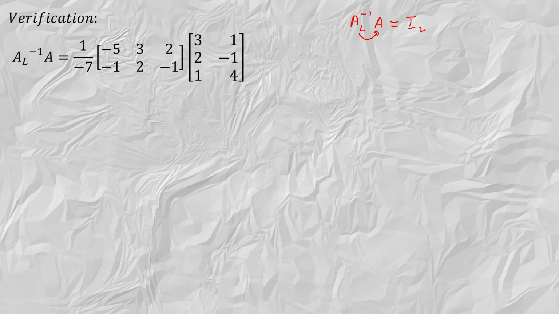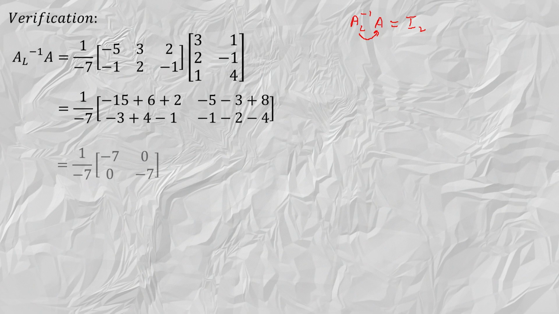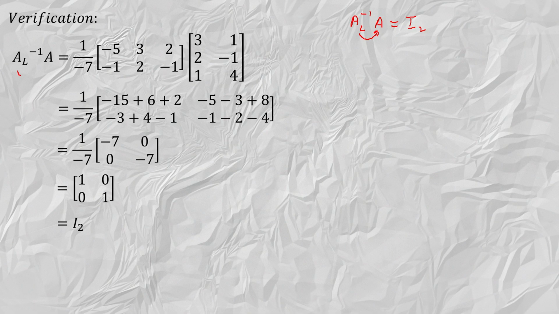Replace the values of AL inverse and A. Simplify. After simplifying, we see that the answer is the identity matrix of order 2. So after multiplying AL inverse with A, we have obtained the identity matrix. So we can say that AL inverse is the inverse of matrix A.